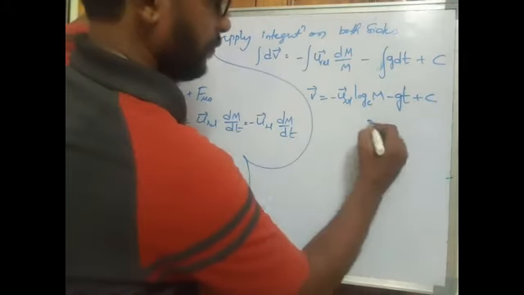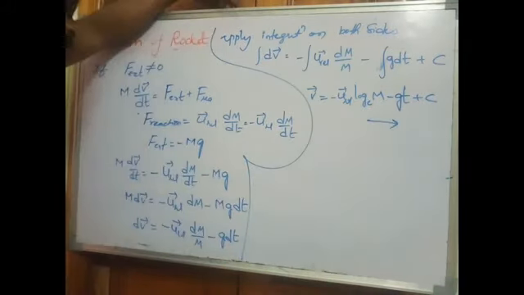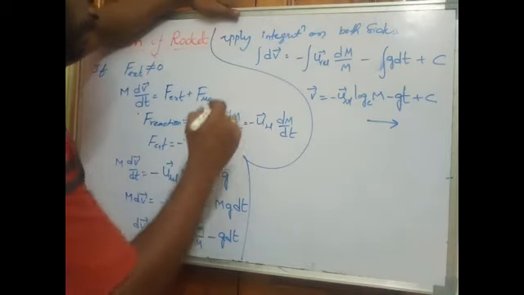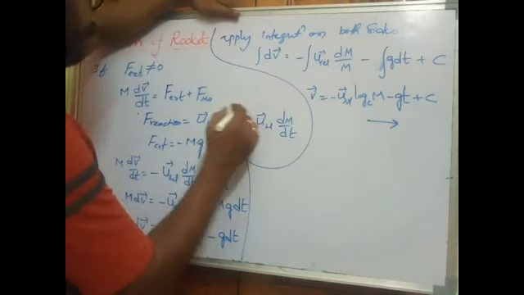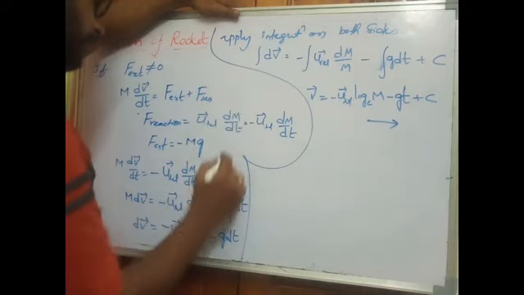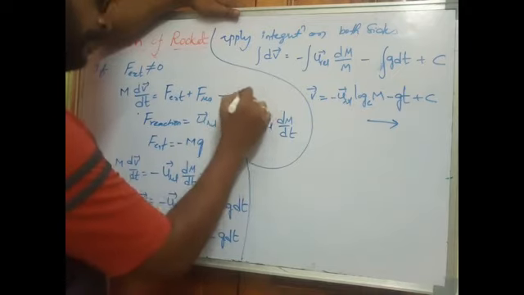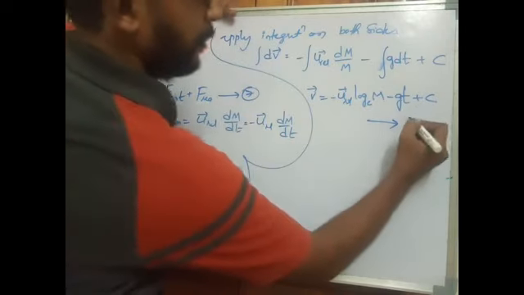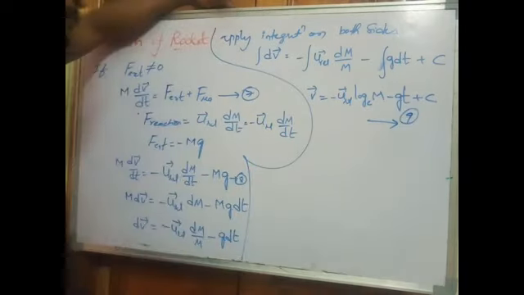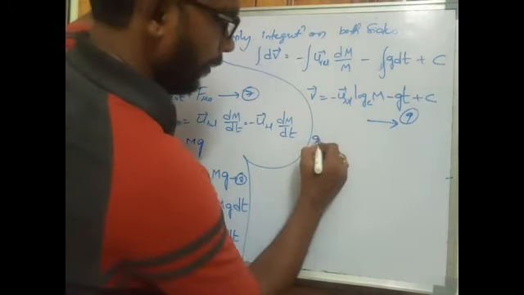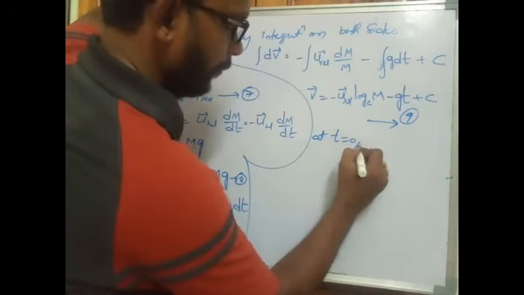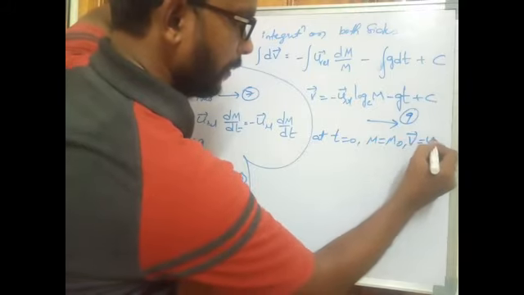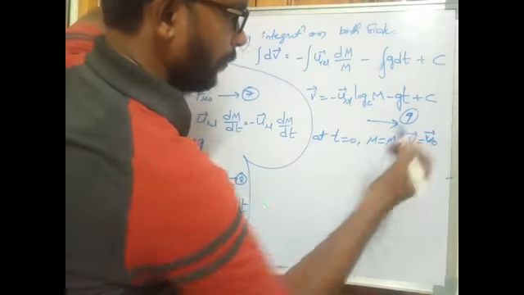Previously we assumed equation number 6. Now let us call these equation number 7, 8, and 9. At t equal to 0, m can be taken as m naught and v bar can be taken as v naught bar.